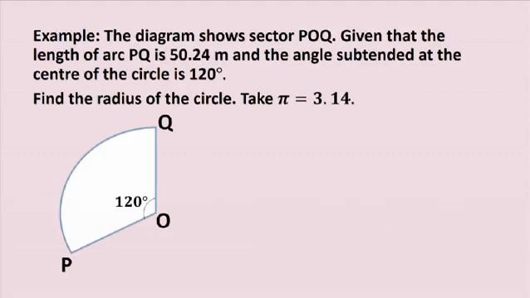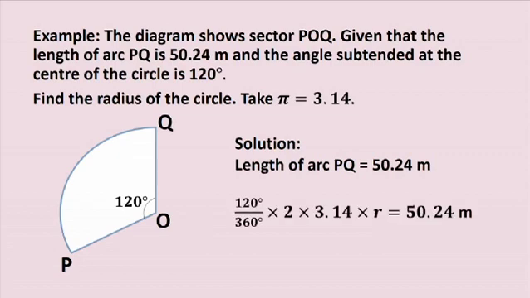A second example, the diagram shows the sector POQ. Given that the length of arc PQ is 50.24 meters and the angle subtended at the center is 120 degrees, we need to find the radius. And here we have been asked to take pi as 3.14.